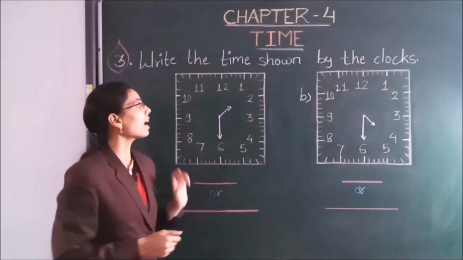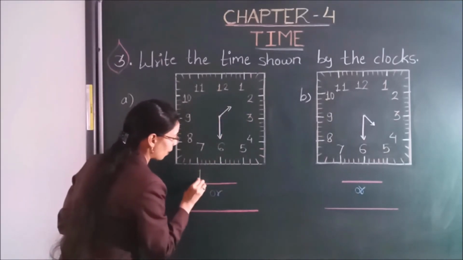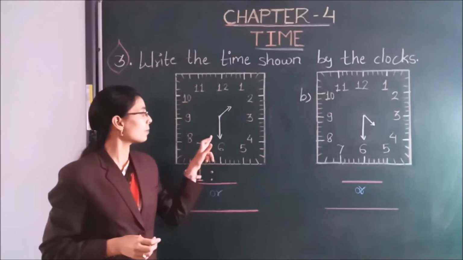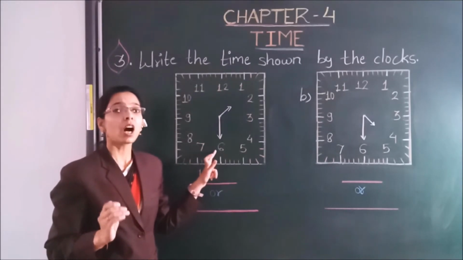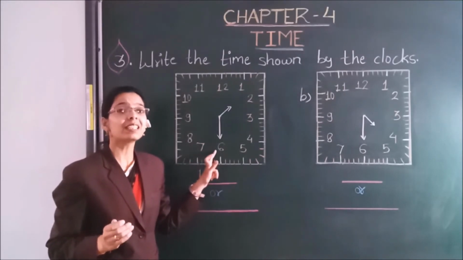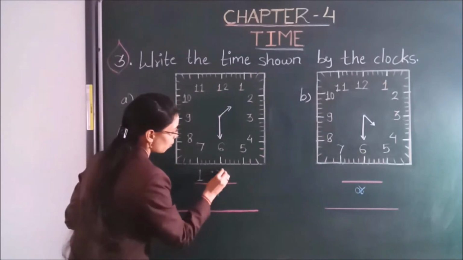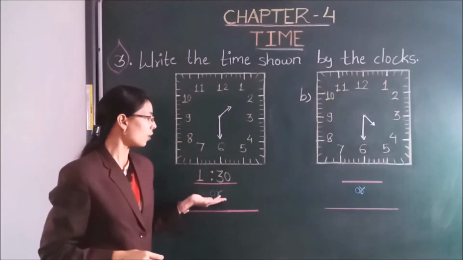This hour hand has crossed 1. So what will we write here? 1, dots. Then this minute hand is pointing to 6. It means how many minutes are here? 30 minutes. 6 5s are 30. So 1:30. Or how will we write it?